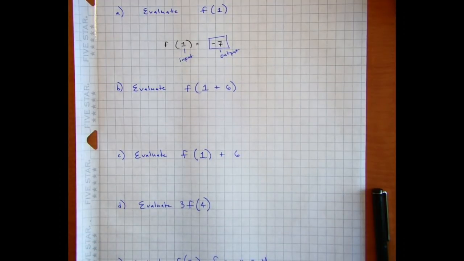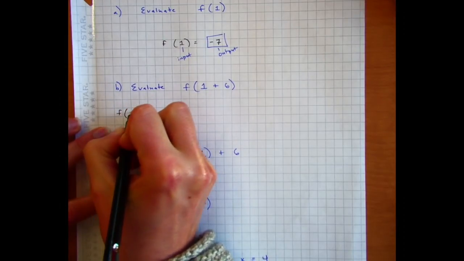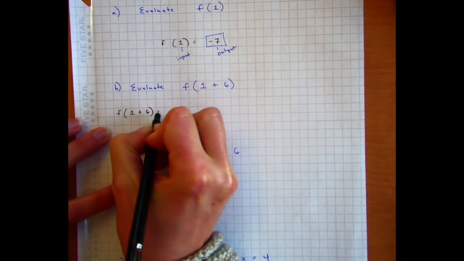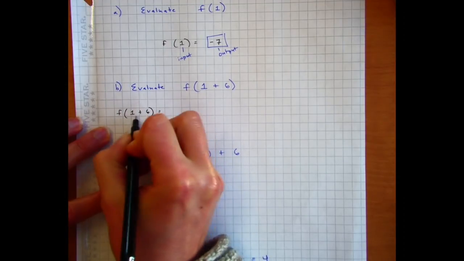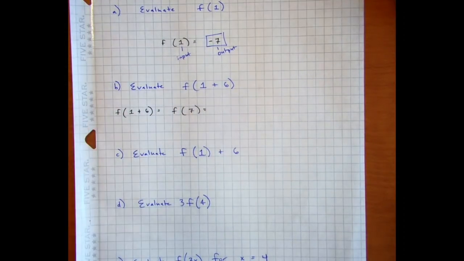B, evaluate f of 1 plus 6. This is an inside change. So writing this out step by step, f of 1 plus 6. I can simplify that, combining everything inside the parentheses, to f of 7. And then it becomes a simple problem again.